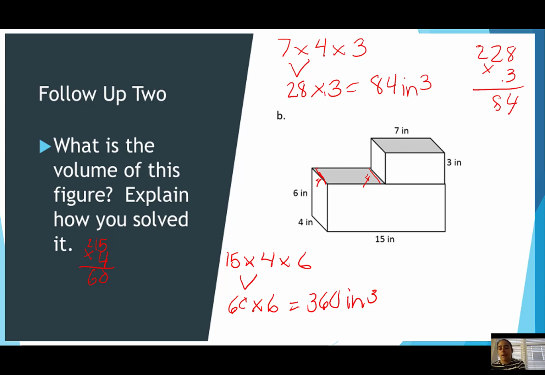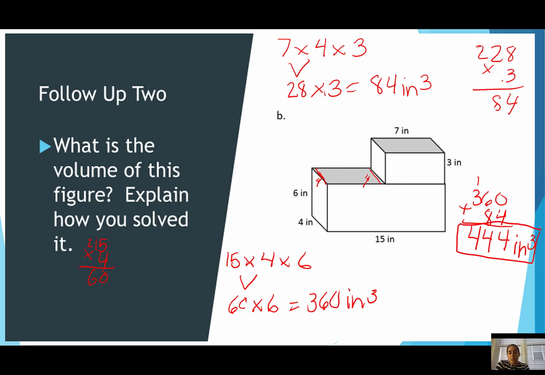And now I'm going to add it up. 360 plus 84: 8 plus 6 is 14, plus 1 is 4, 444 inches cubed for both boxes.